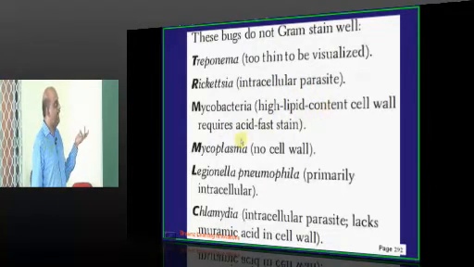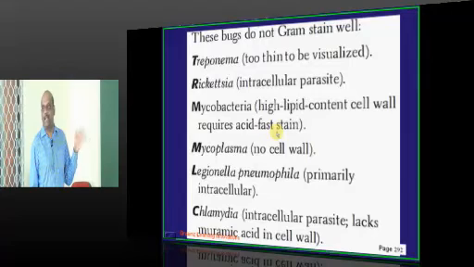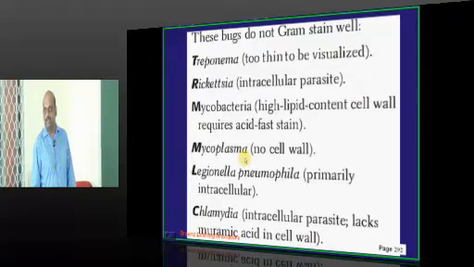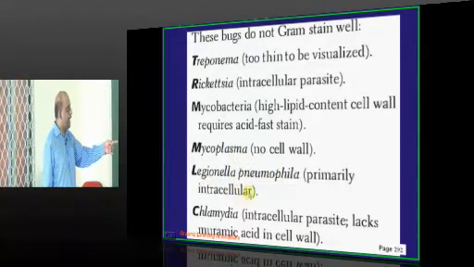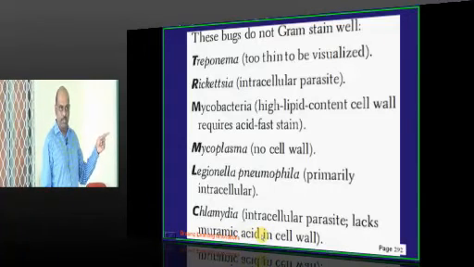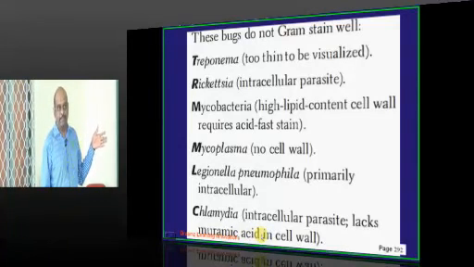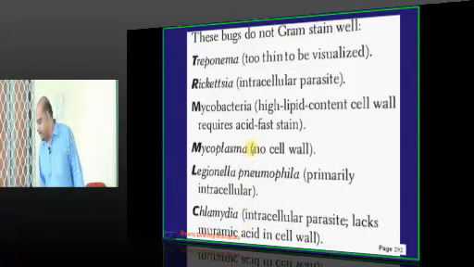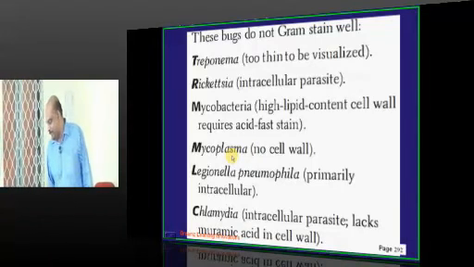Mycobacteria, it has a very high lipid content and requires acid fast stain, hence Gram stain negative. Mycoplasma, no cell wall itself, where will it stain for Gram? Legionella, primarily intracellular. It is Chlamydia which is the answer I am talking about. It lacks muramic acid, hence it is Gram stain negative. It is also intracellular. All those who answered Chlamydia get a very big clap.